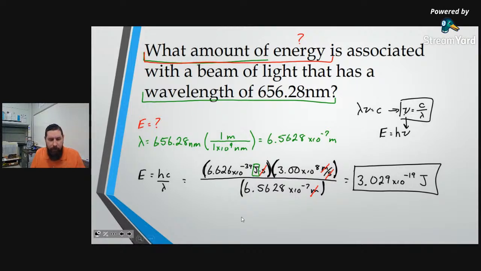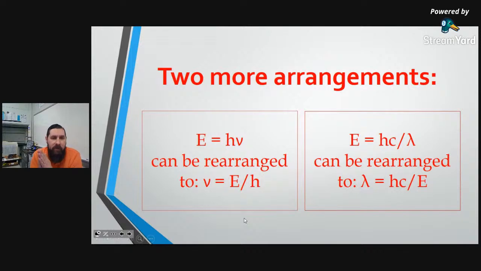Okay, so last little thing on this before I close out, there are two other arrangements for the energy equation. First, starting out with E equals h nu. If you're given the energy and asked for the frequency, this can be rearranged by dividing both sides by Planck's constant to get that frequency equals energy divided by Planck's constant.